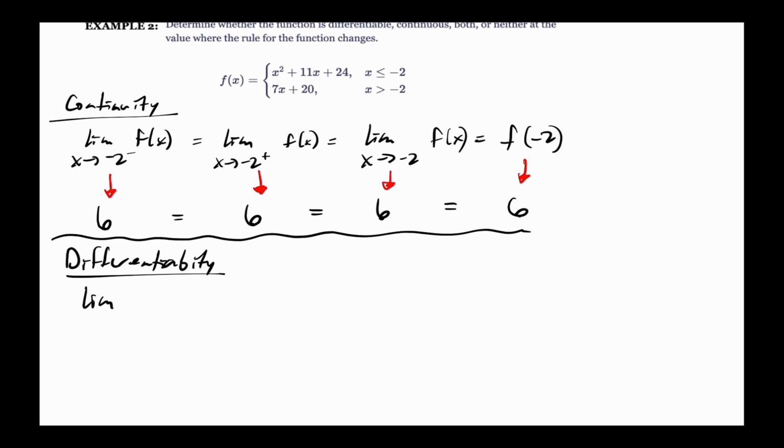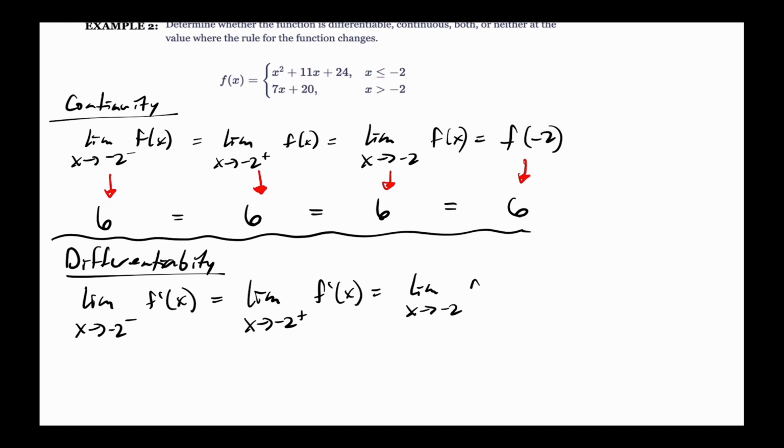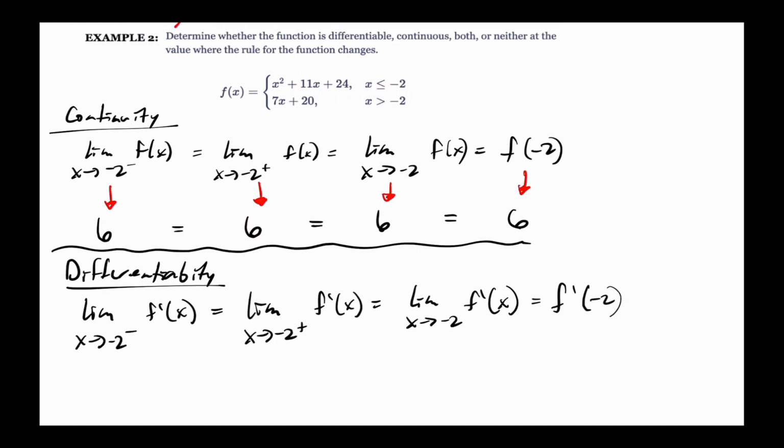So I'm going to do the same thing, except now instead of the function, I'm going to go to its derivative. The limit as x approaches negative 2 from the right, f prime of x. The limit as x approaches negative 2 from the left, f prime, and then f prime of negative 2. Okay, so I need to find f prime first.